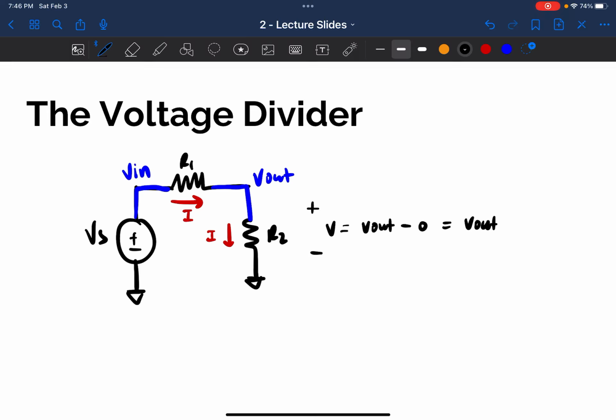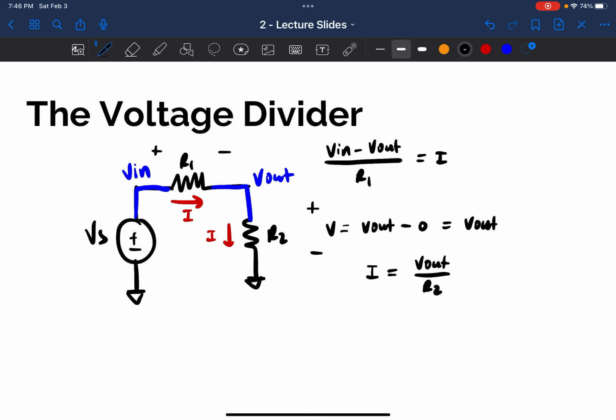And then I can say that the current would be V divided by R, which is just V out divided by R2, right? And then if I wanted to do the same with this resistor, I can just say that the voltage across my resistor is going to be V in minus V out, and then that's going to be divided by R1, and that would also give me I, right?